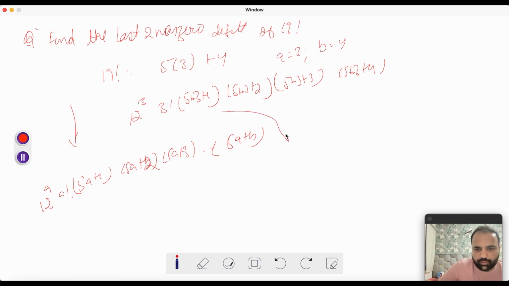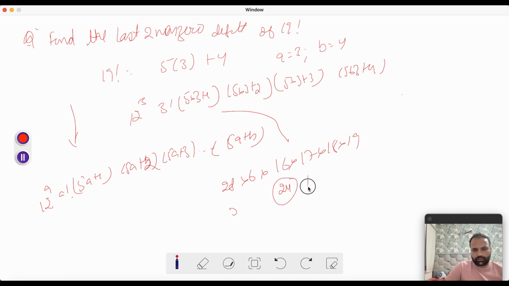Coming back over here, we have 28 × 6 × 16 × 17 × 18 × 19. Again we have to multiply. So if you multiply 16, 17, and so on, the last digits should be 24, I believe, should be the answer.